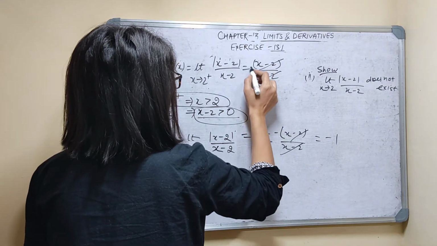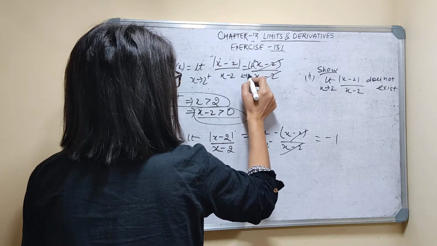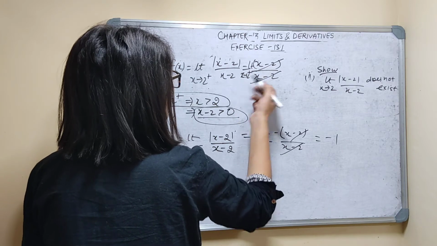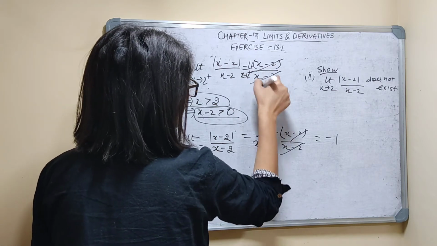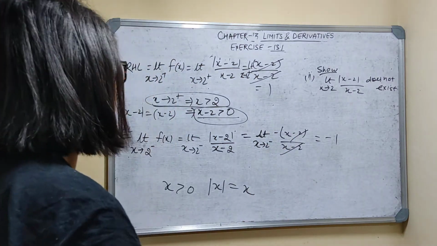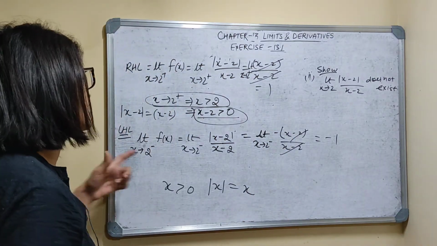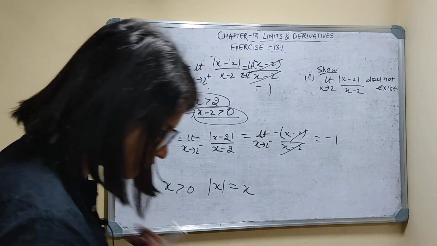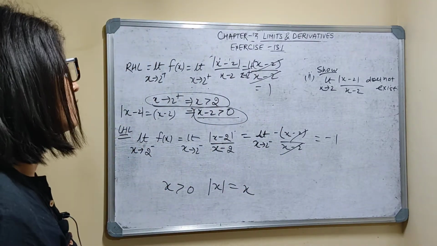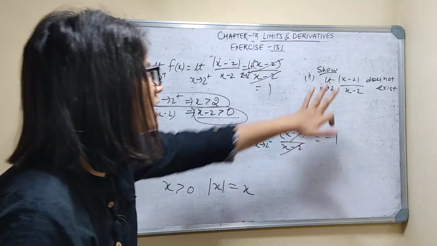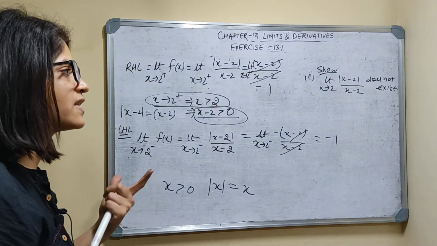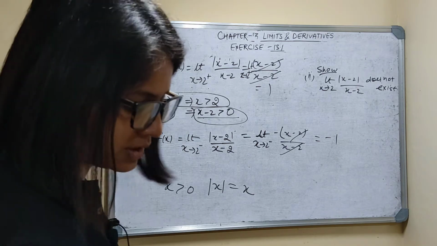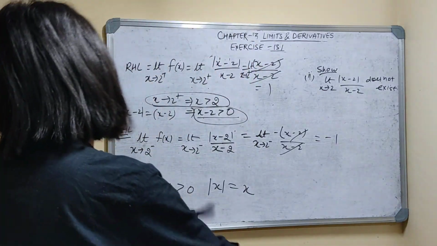This gets cancelled. Limit x tends to 2 plus, but now no need to write the x value because everything is cancelled. The answer is 1. You can see here the left hand limit is equal to minus 1 and the right hand limit is equal to 1. So both are not equal. That's why I can prove that limit x tends to 2 of mod of x minus 2 upon x minus 2 does not exist. Now question number 27.